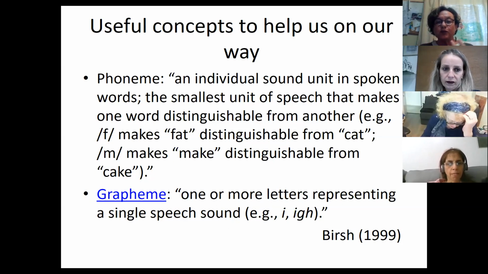But the closest we can get to that is, for example, when we're saying fat is made up of f, at, okay, and then you blend it together and you say fat. And when you take out the f and put in a k, you're going to have cat. So that's a phoneme. You can say it's the smallest sound unit in a language.